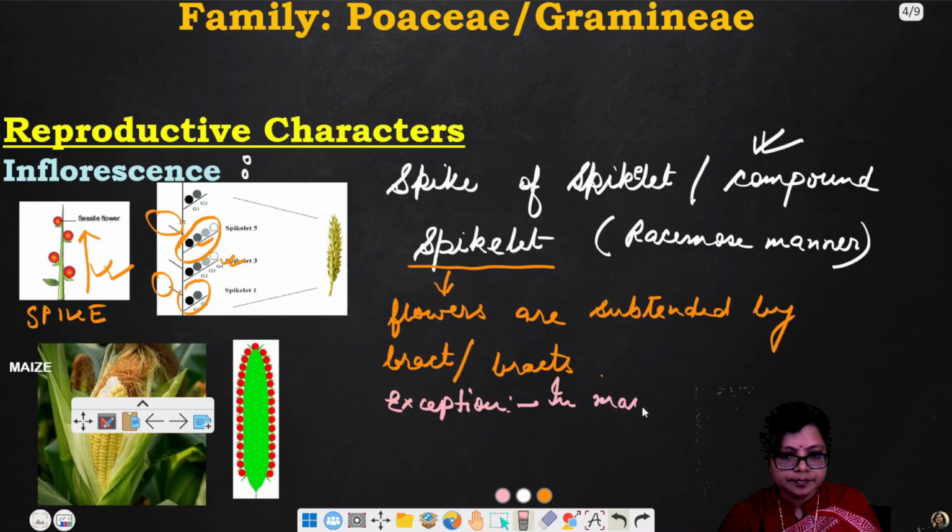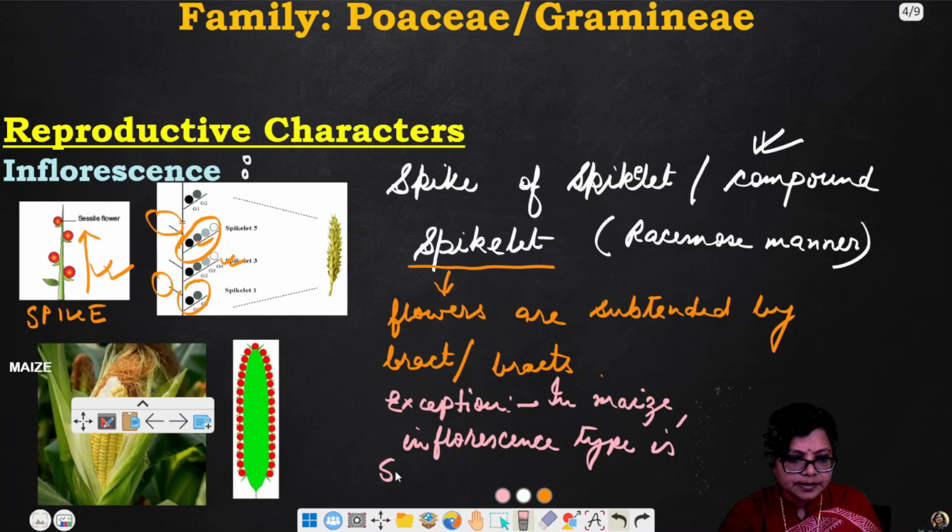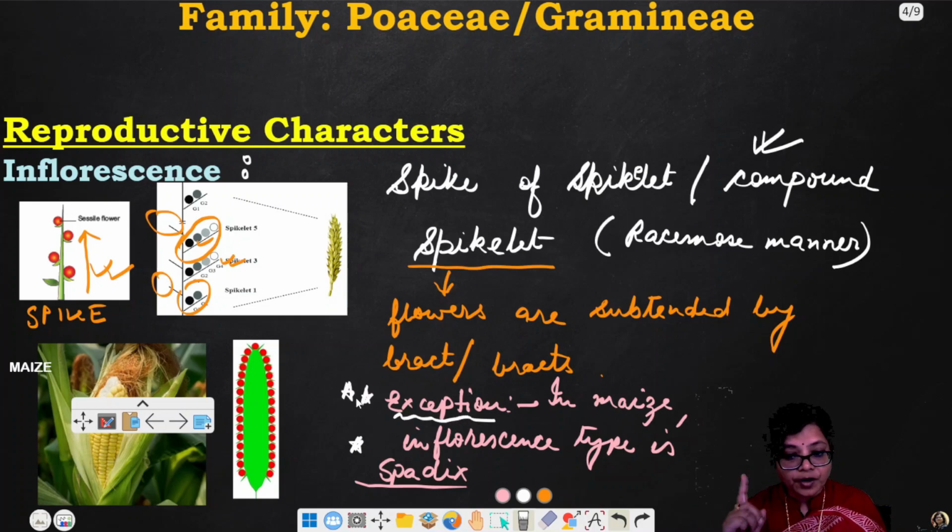In maize, inflorescence type is spadix. Point to be noted.